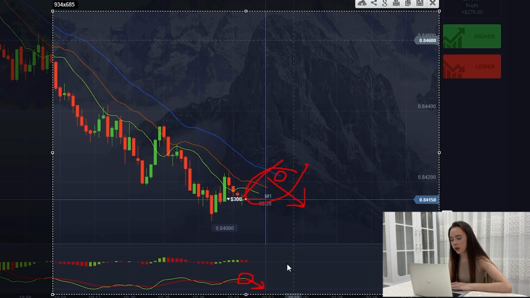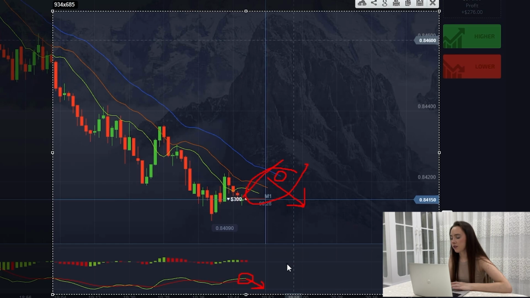There are two methods of construction, linear and histogram. 3 exponential moving averages with different periods are used for calculation. A slow moving average with a larger period is subtracted from the fast moving average with a smaller period.